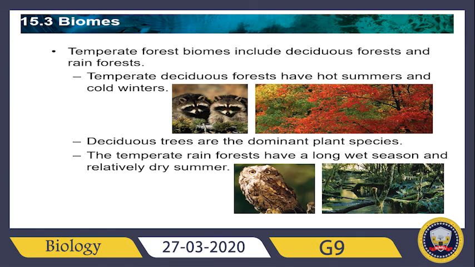Wet season, relatively dry summer. So it's almost all year long wet, or most of the year. Ferns and moss cover the forest floor, of course, because of the humidity, because it's almost wet all year long.